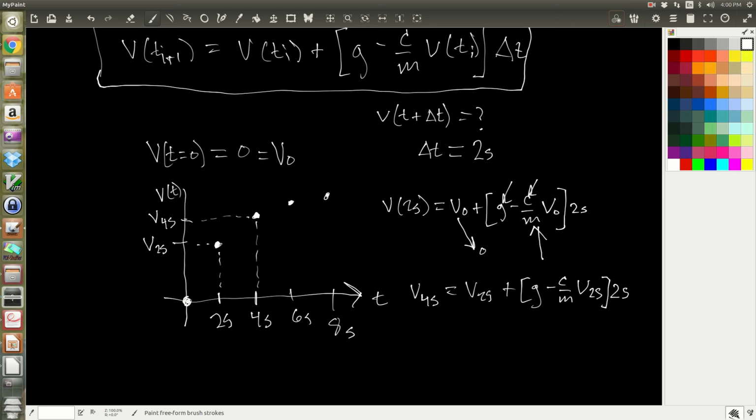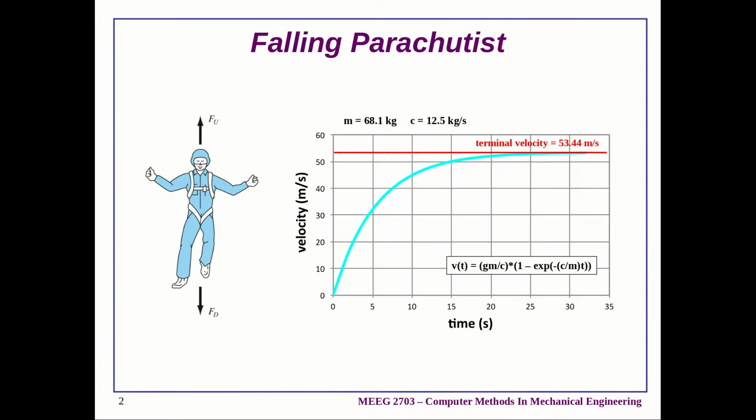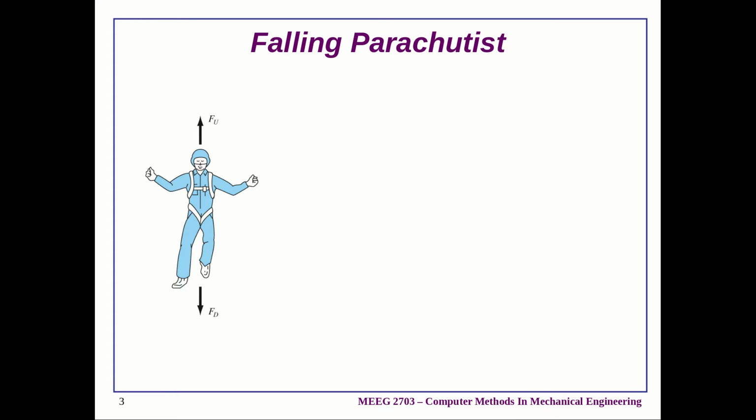So maybe up to here we use one set of values for m, g, and c, and then here we change those values, and we get an approximate solution that reflects the new values. Let me go ahead and show you what that looks like.